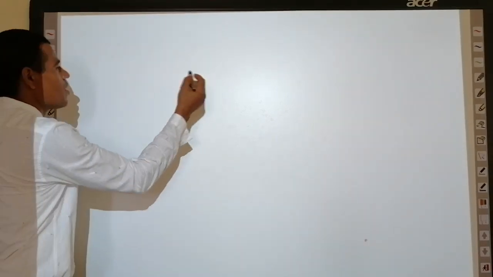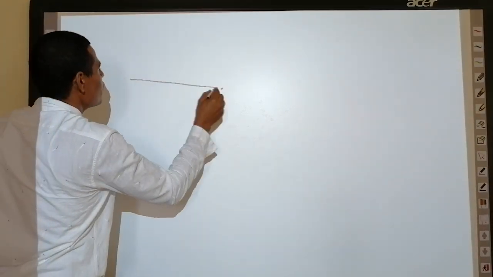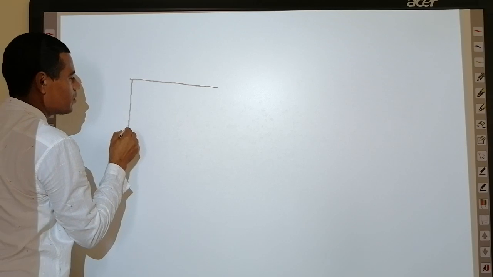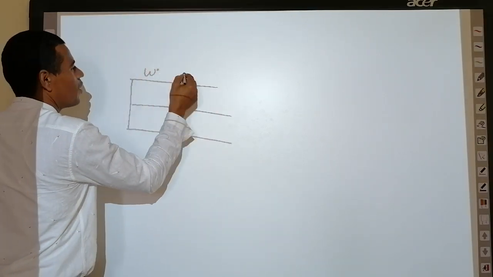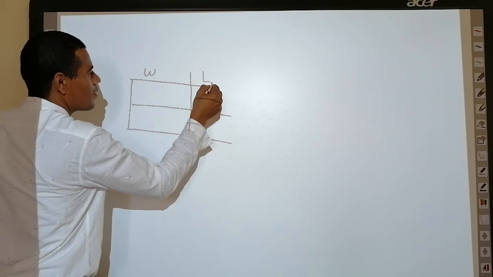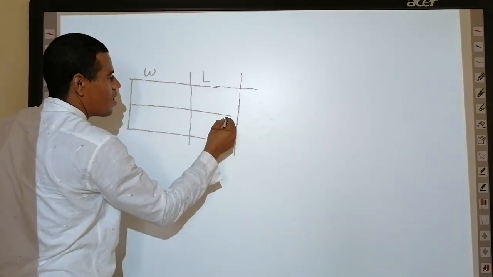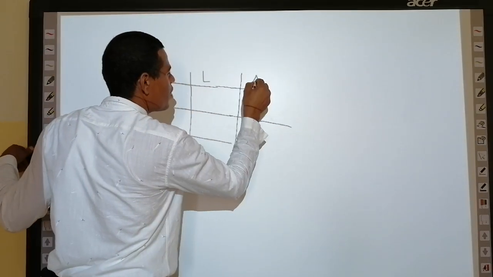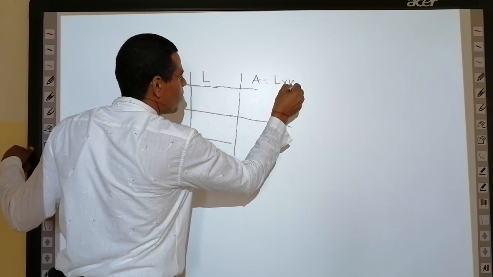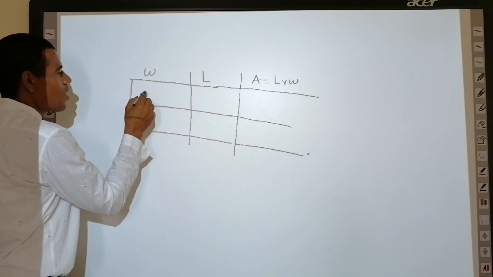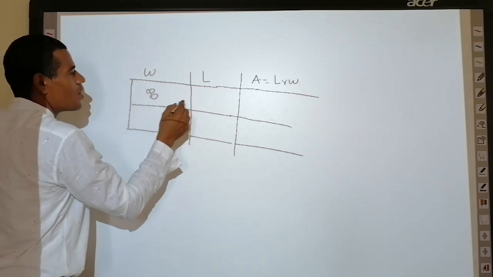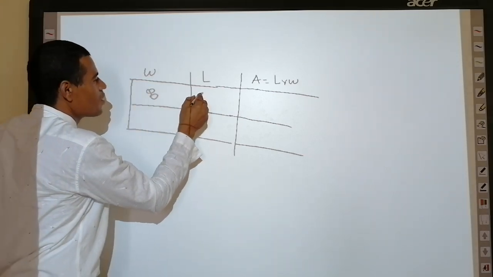Okay, for example, the first one, my learners, is what? This is width, and this one, length. This one is what? Is the area. Area, we said, is length multiplied by width. Okay? For example, I will take here 8. Then this is, for example, 10.